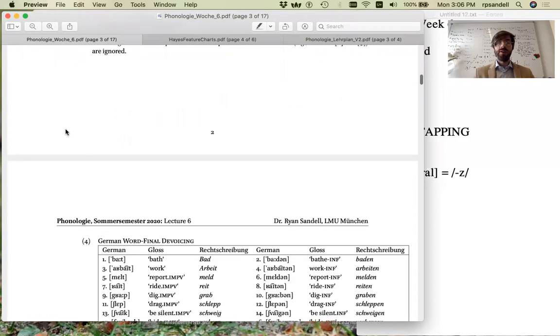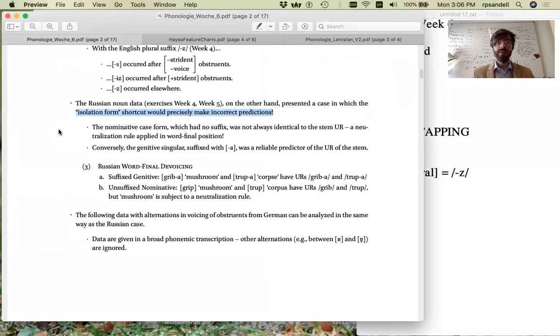If we recall that Russian data discussed last week, there we found that the nominative case form had no suffix whatsoever, but that nominative case form could not always be identical to the underlying representation of the stem, because there was a neutralization process that applied to obstruents in word final position. That neutralization process devoiced obstruents in word final position. So the nominative case form without any affixes, which looked potentially like an isolation form, would end up in some cases being different from the underlying form.